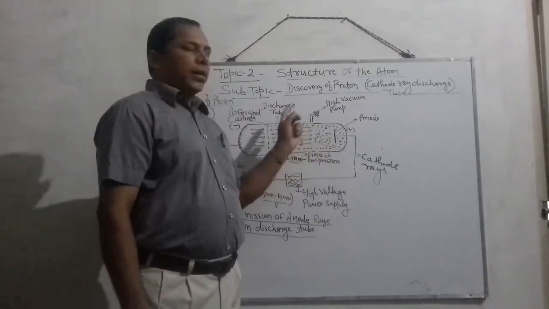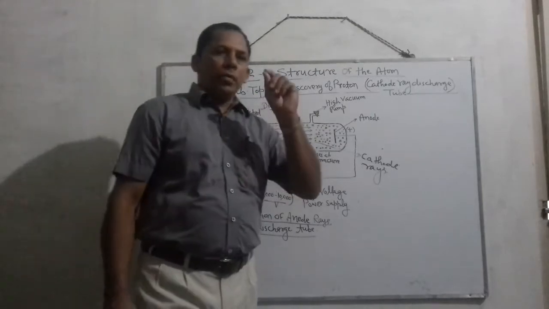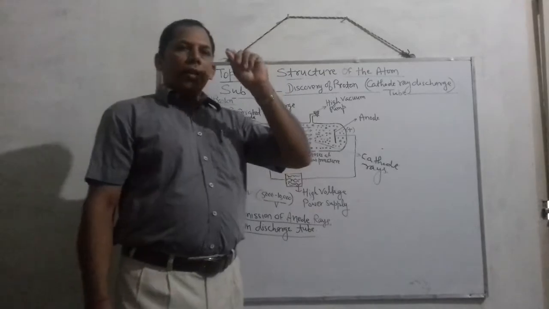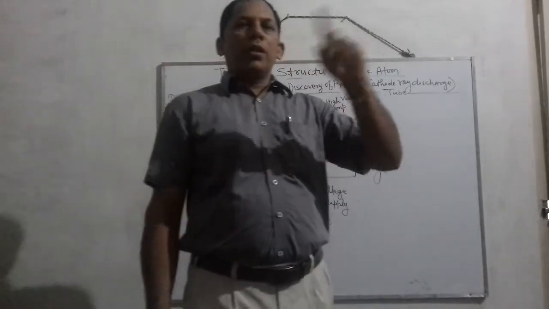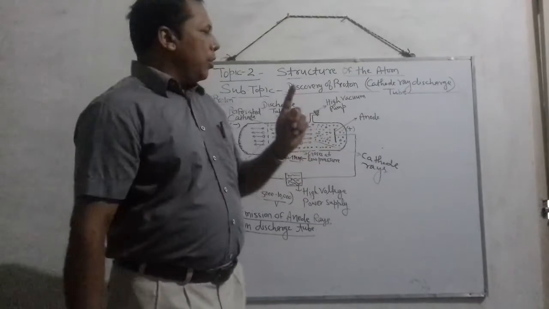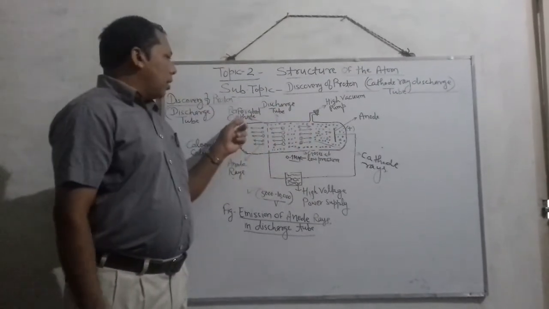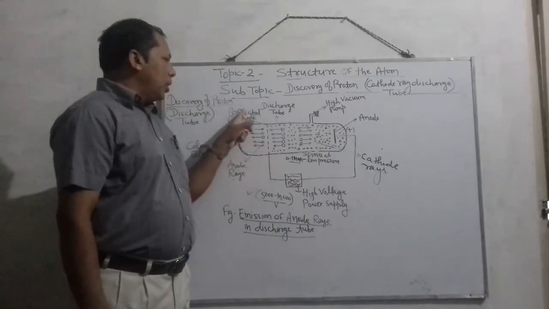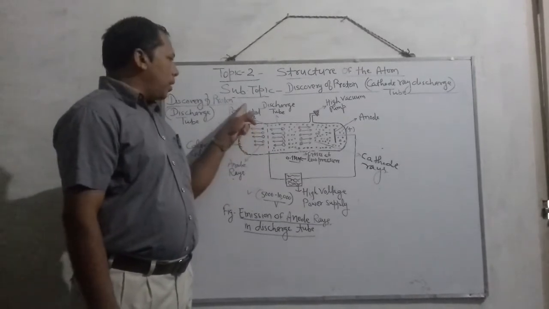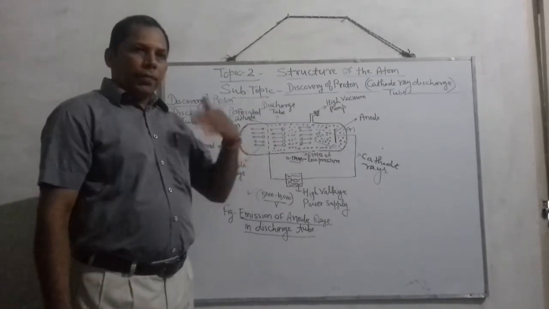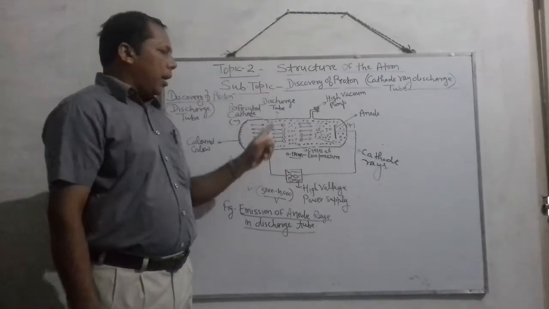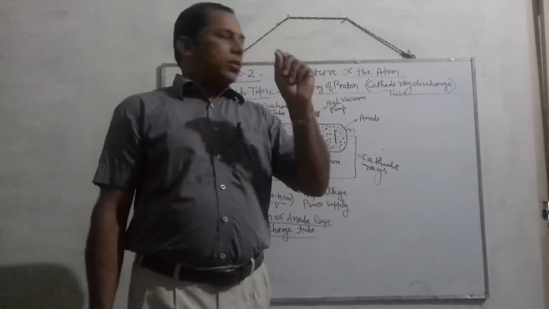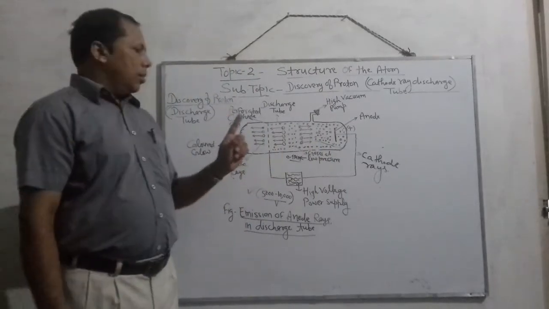The modification is that in the discovery of cathode rays or electrons, we were using a simple cathode, but here we are going to use a perforated cathode instead of a simple disc cathode, and the pressure of the gas is not too much less.